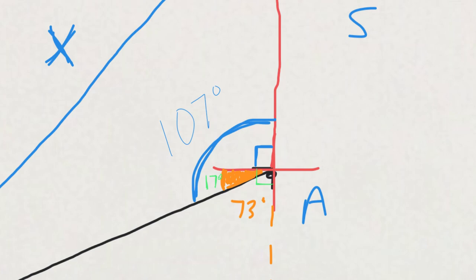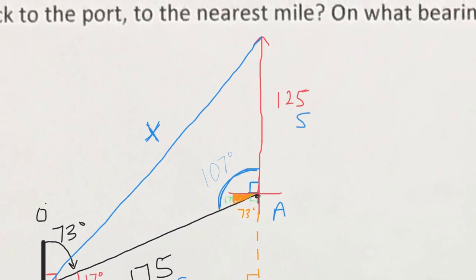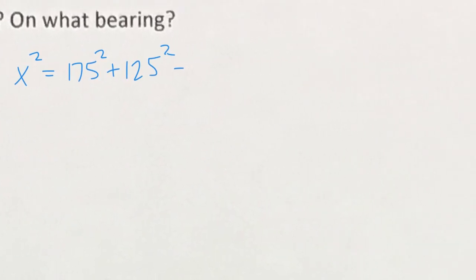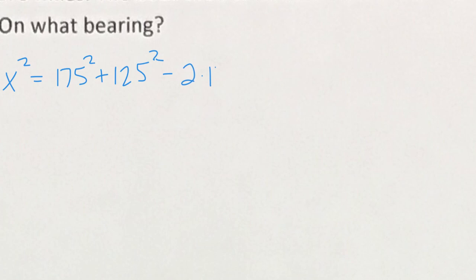Okay, so we use geometry in order to figure out the measure of that angle before we do our law of cosines. So now that we know the angle, x squared equals 175 squared plus 125 squared minus, I gotta move it over some more space, 2 times 175 times 125 times the cosine of 107.